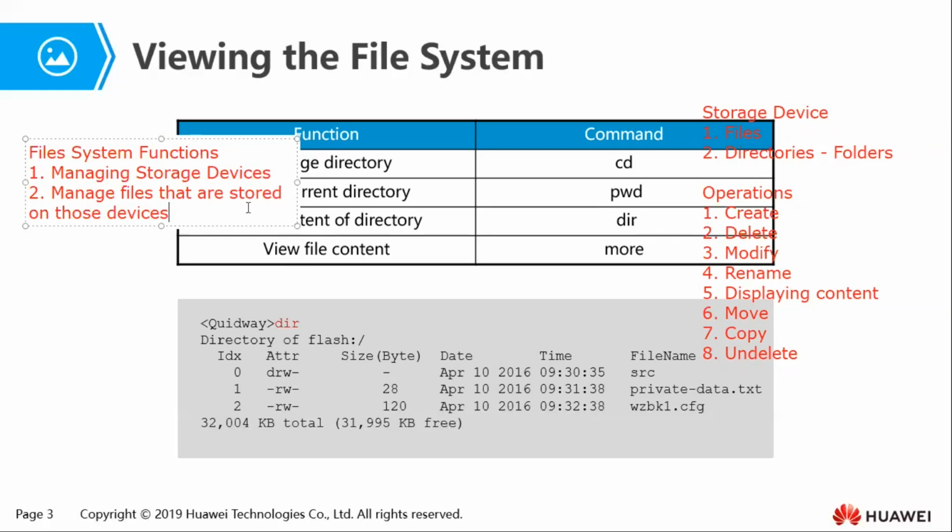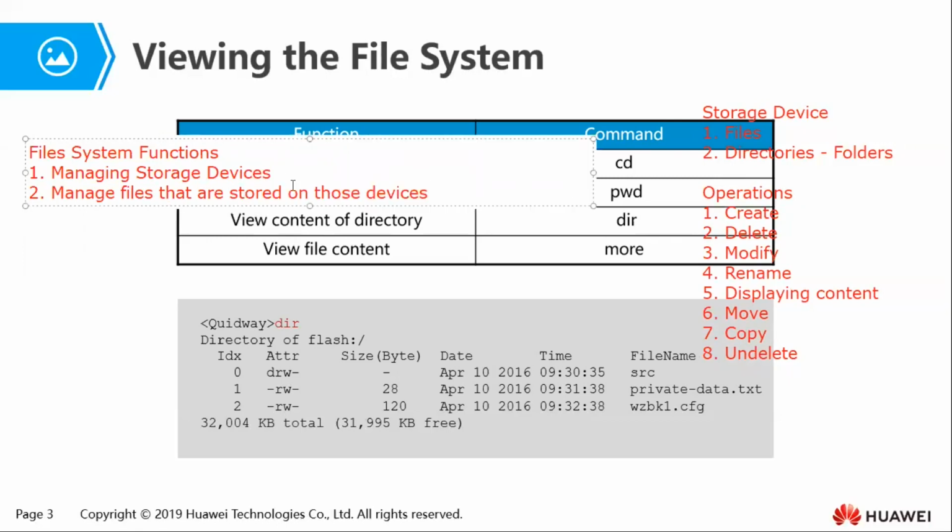So these are the two things that the file system can help us do. Managing storage devices by looking at the space that is remaining, by deleting files that we no longer need, and so on and so forth, in order to create more space. Managing files that are stored on the device, we can move them, we can create new files, all these operations that I've just listed here.